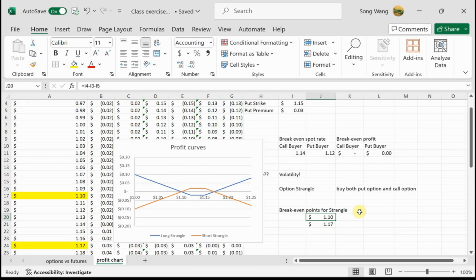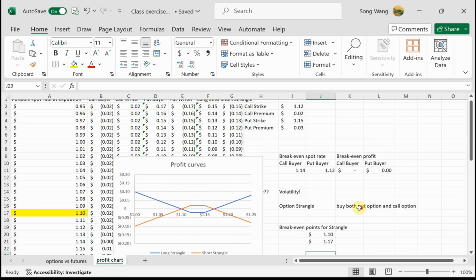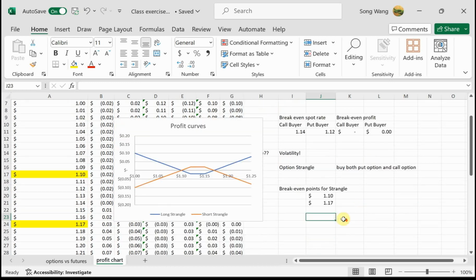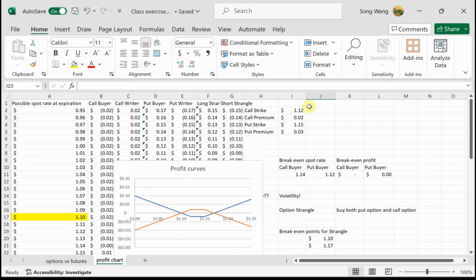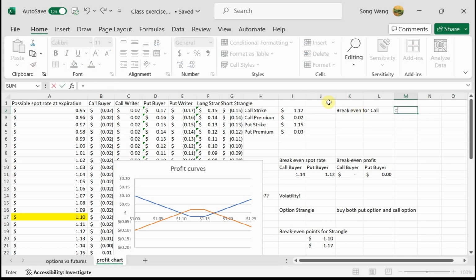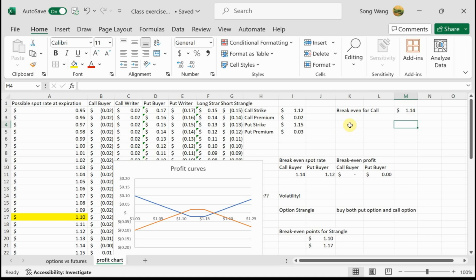Okay, and you can also use the same approach for the call option. The call option's break-even is the strike price plus the call premium. So when the spot rate is at 1.14, you make a 0 profit for buying a call or writing the call option.